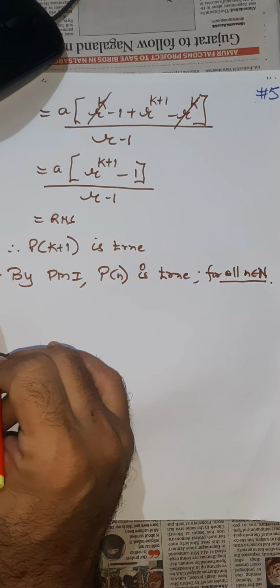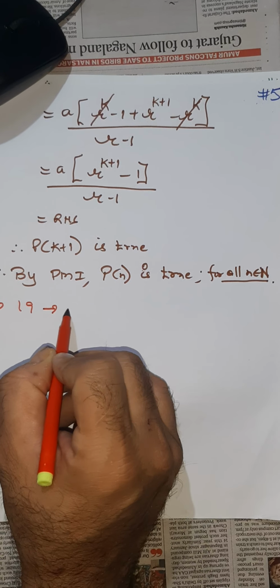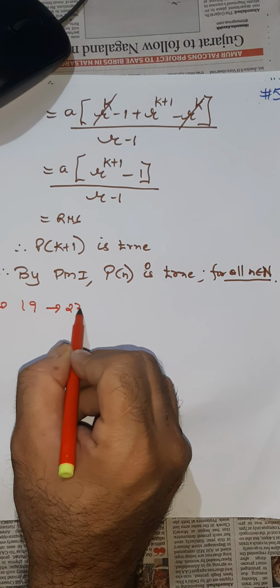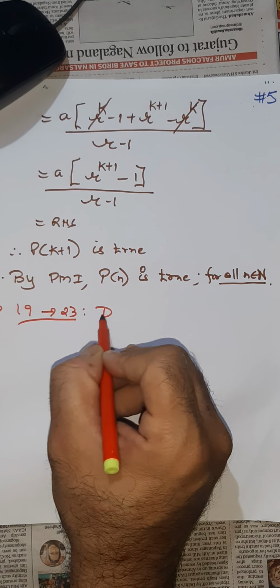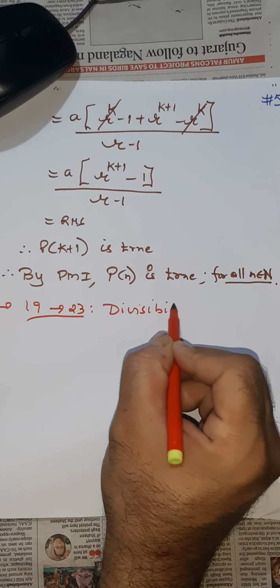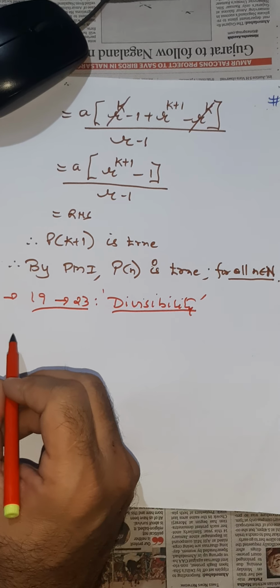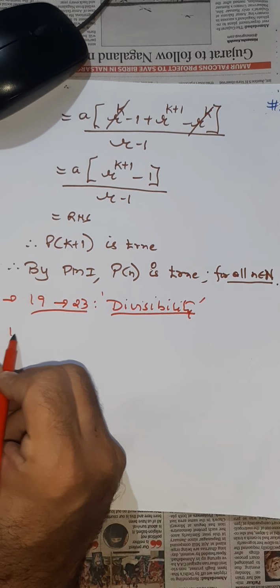Now questions number 19 to 23, all are divisibility questions. These are based on divisibility. So we'll see. If I do one, you will realize. So I'll go to 19 first.